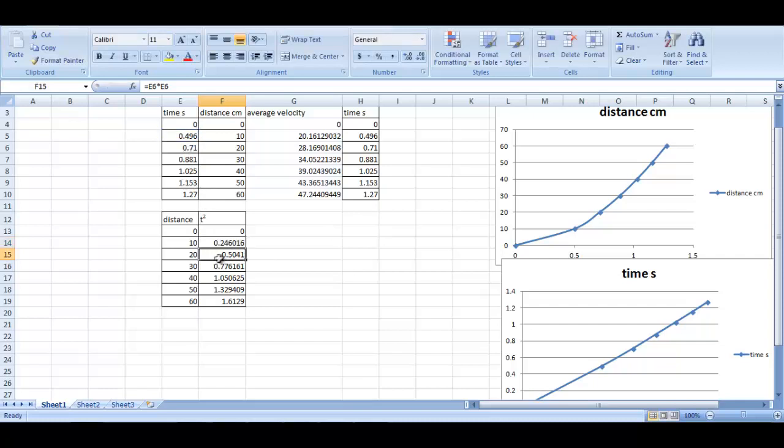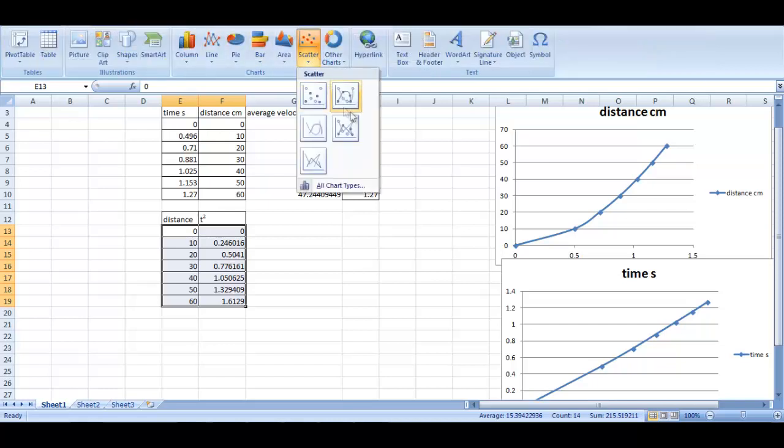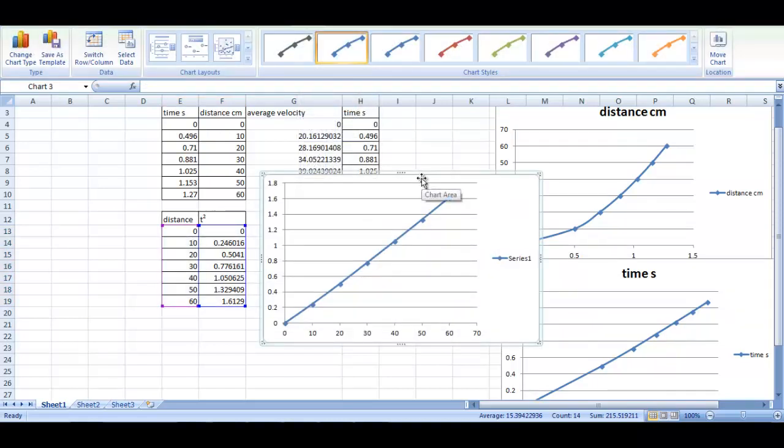So t square here is the square of t here, and we can actually draw a graph of this. So from this graph we can see that it is actually a straight line.